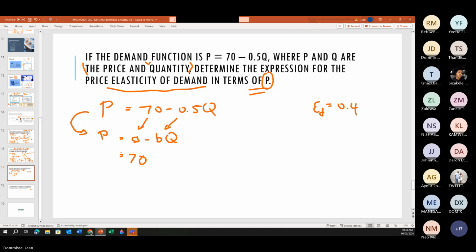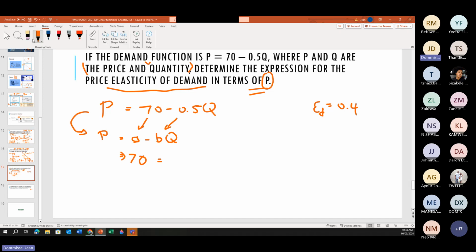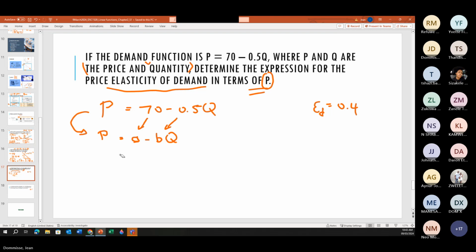A is 70 and B is equal to 0.5. We just need to make sure when we do this that we look at that B and remember the negative. But let's first see if we need that for this exercise.